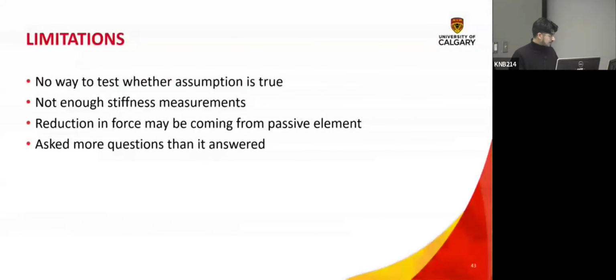The third thing to note is that the reduction of force may be coming from the passive element. This is a major argument that has been put forth when we've presented this in other places as well, that the declining force may be coming from the relaxation of the passive elements, because the passive elements, as we know, are indeed viscoelastic.